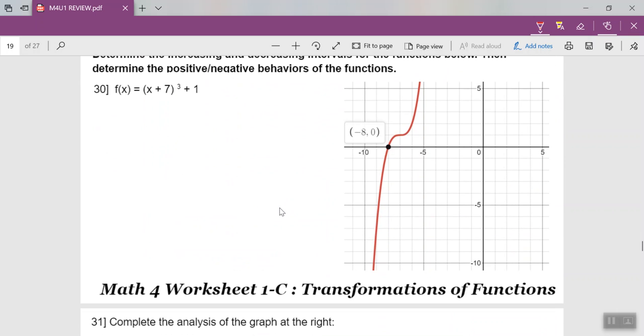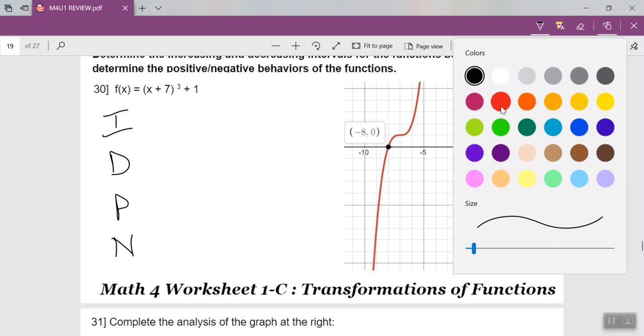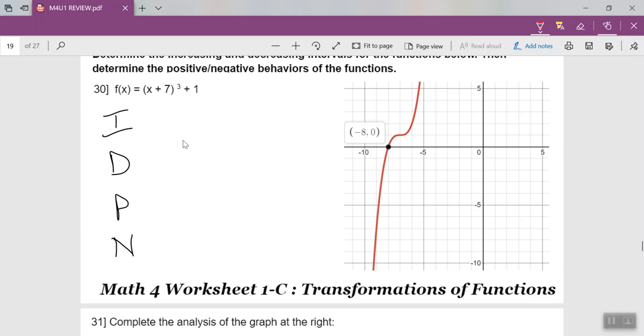All right, a cubic model. Increase, decrease, positive, negative. All right, it is always increasing. It actually never stops increasing, so we're going to give it all of the x's, and it never decreases.